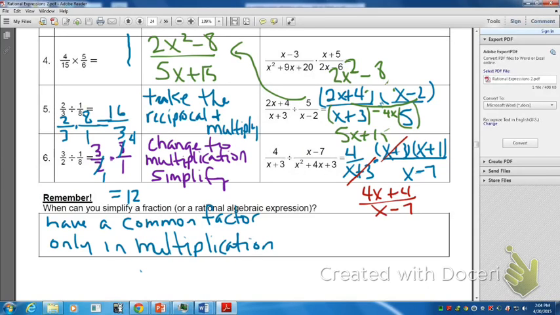If you try to simplify something and you still have your division, you're going to get it wrong, right? Because essentially you did not take that reciprocal to multiply. Okay? Any questions on that? All right, let's try a couple before we leave.